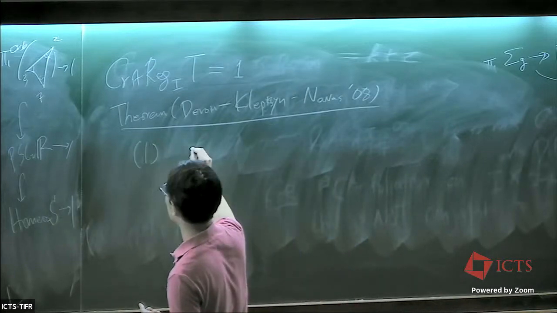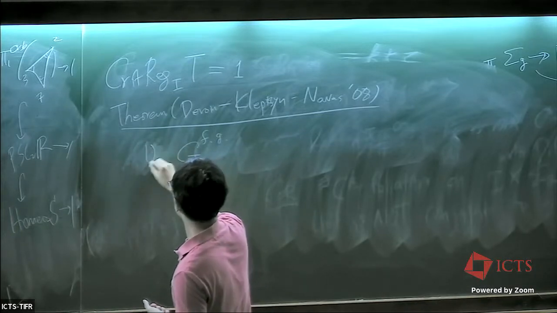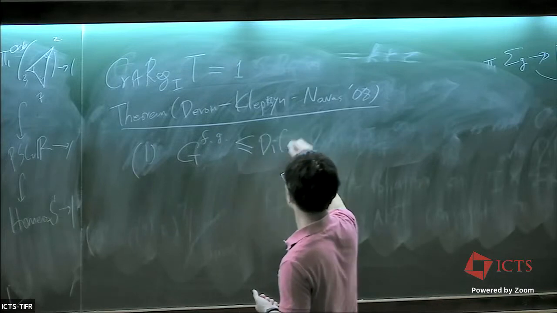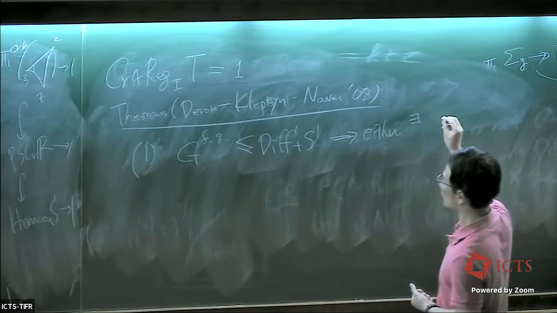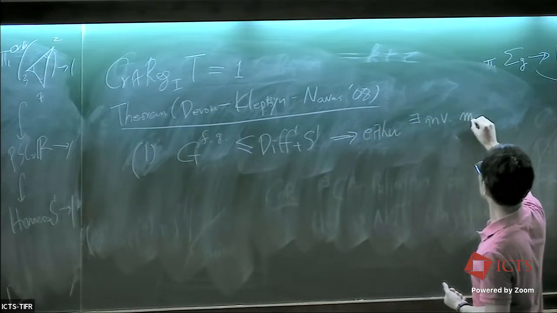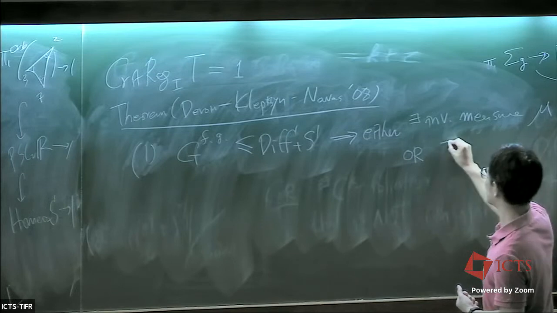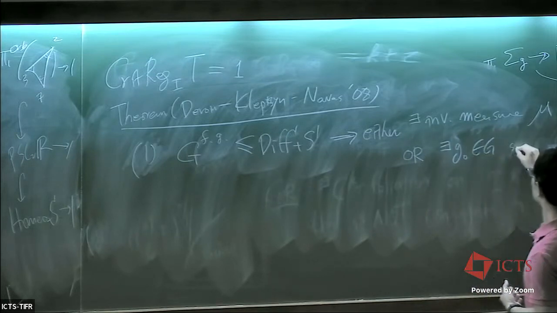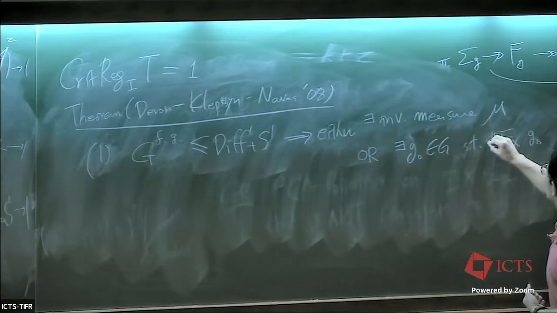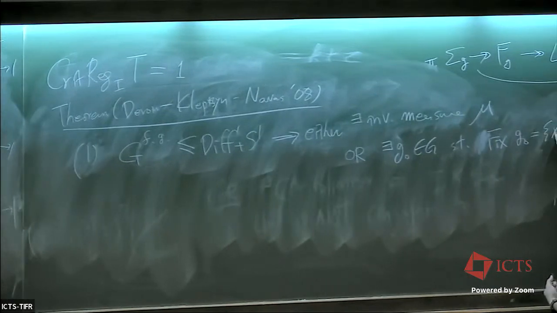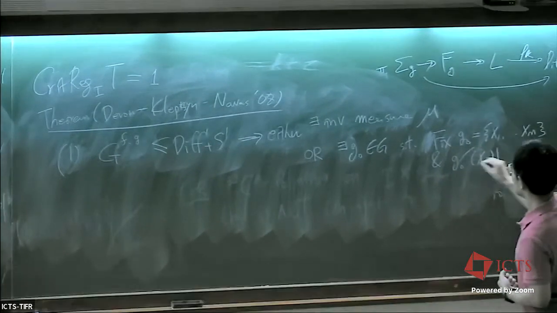The first thing is if you have a finitely generated group inside Diff^1+ of S^1, then either there is some invariant probability measure mu, or there is some very special element g such that it has only hyperbolic fixed points, so Fix(g) is finite and g'(xi) is never 1.